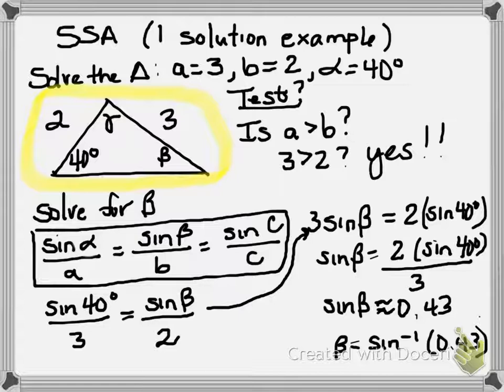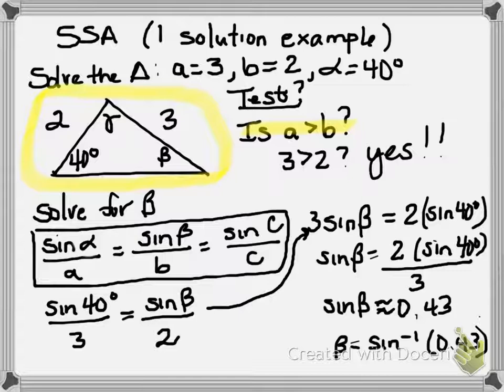First I want to do my test, because here I'm telling you that you have one solution, so I'm going to show you how the test works. This is my test question that I'm highlighting: is A greater than B?